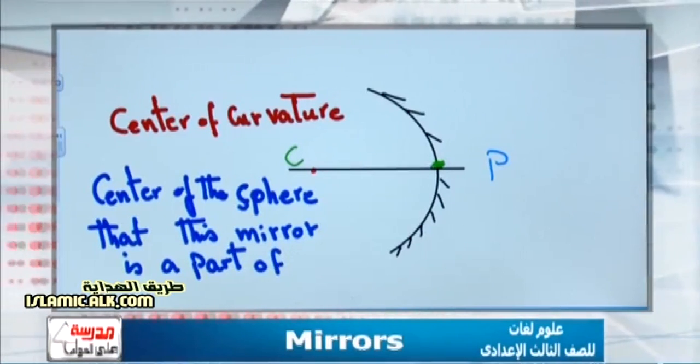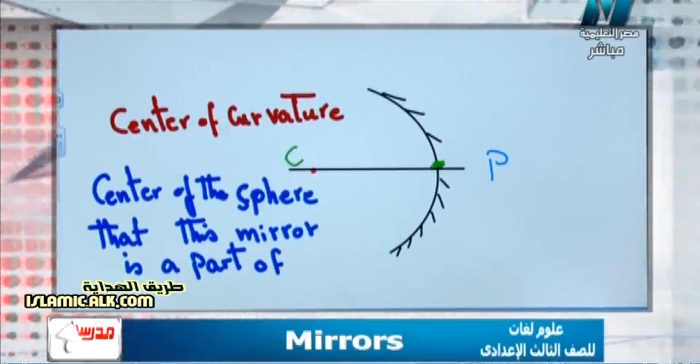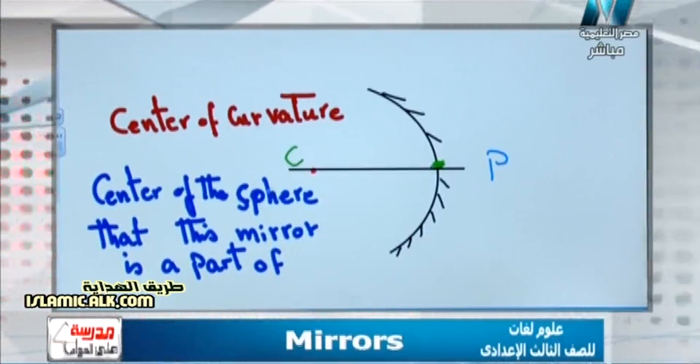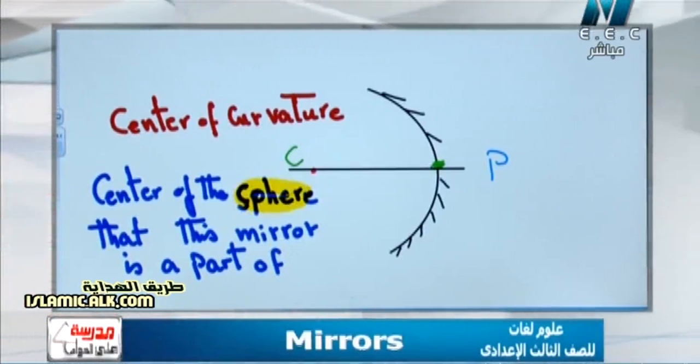So we know now what is meant by center of curvature. Center of curvature is the center of the sphere that this mirror is a part of.